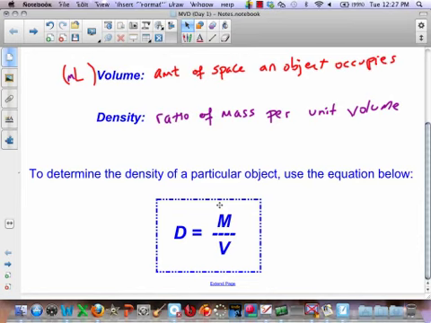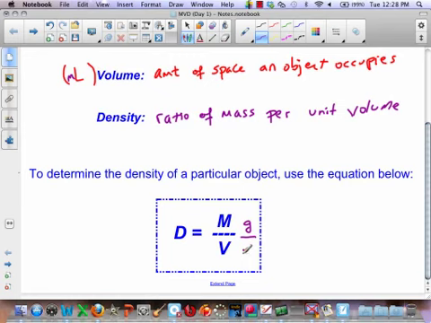What's the formula? M over V, mass over volume. What are the units for mass? Grams. So it's grams over milliliters, grams per milliliter. That's your density.